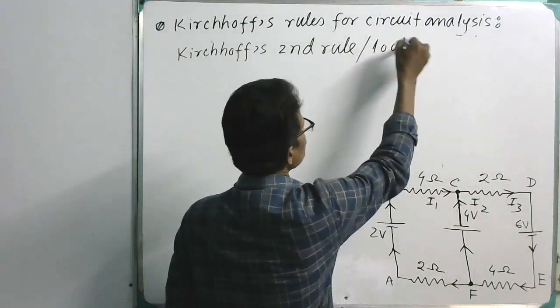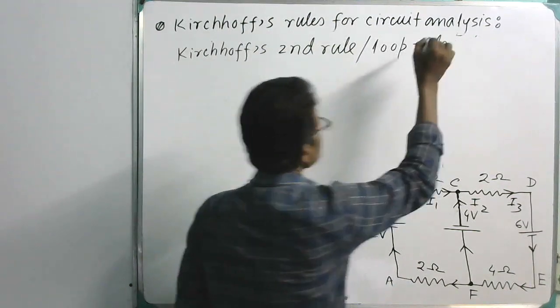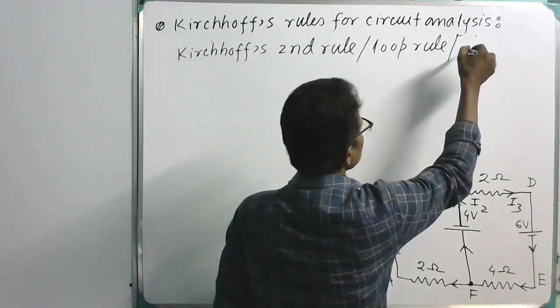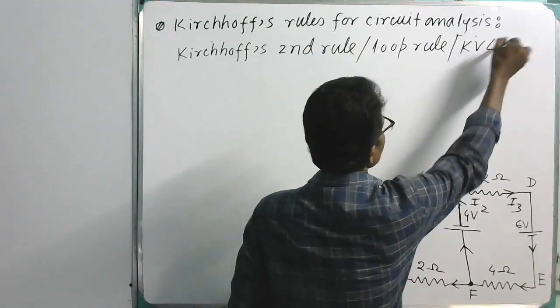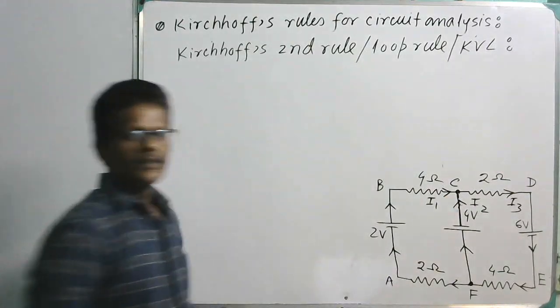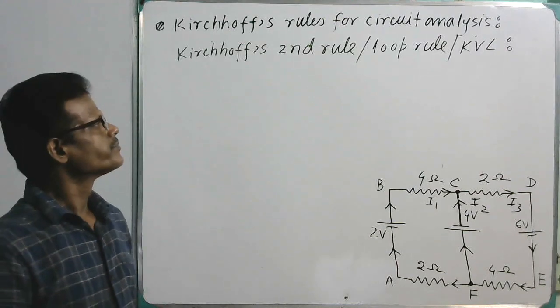Simply loop rule. The rule is applied for a closed loop, or KVL. KVL means Kirchhoff's voltage law.